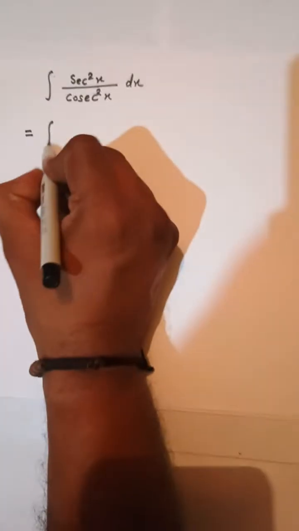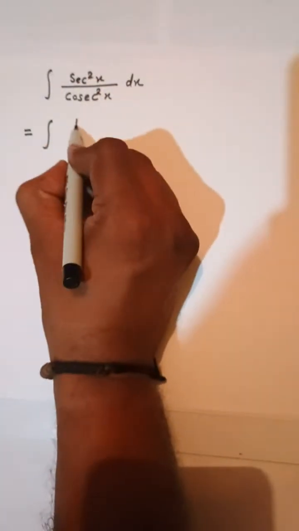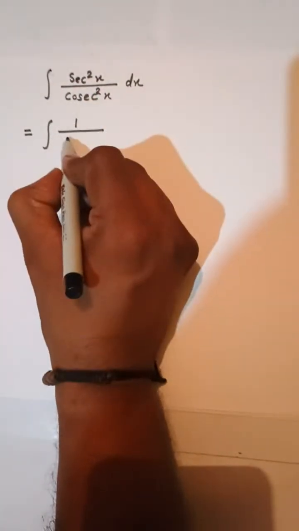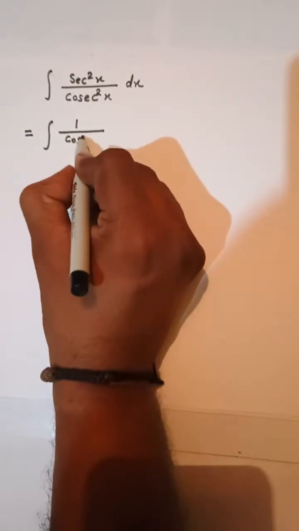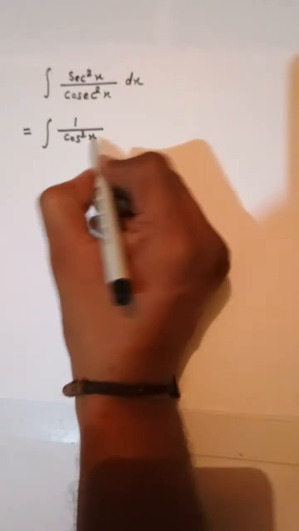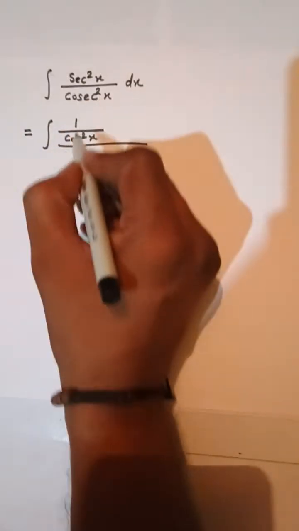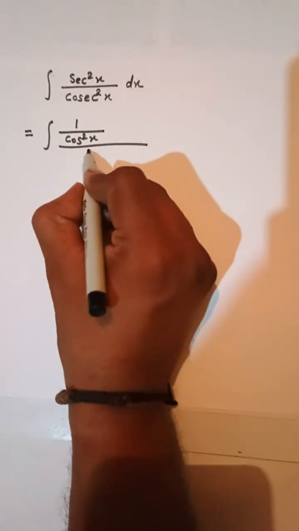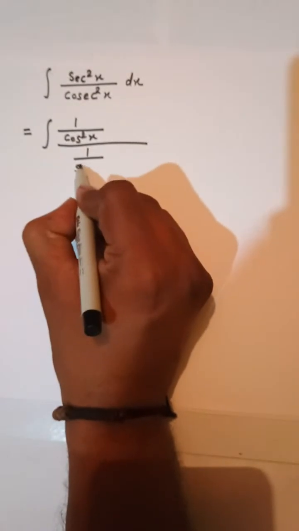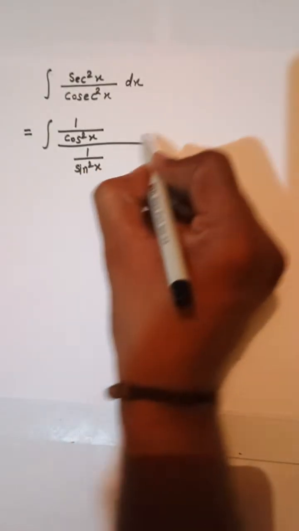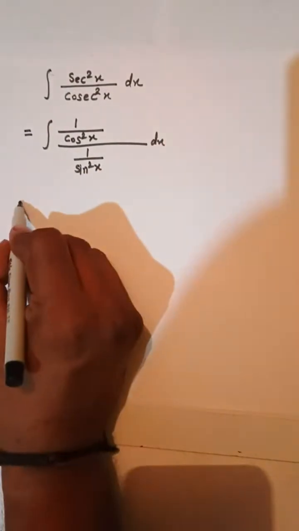So sec square is converted into 1 by cos square x, and cosec square x will be written as 1 by sin square x, then dx.